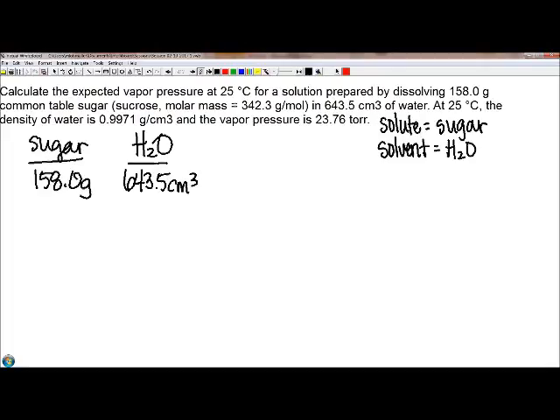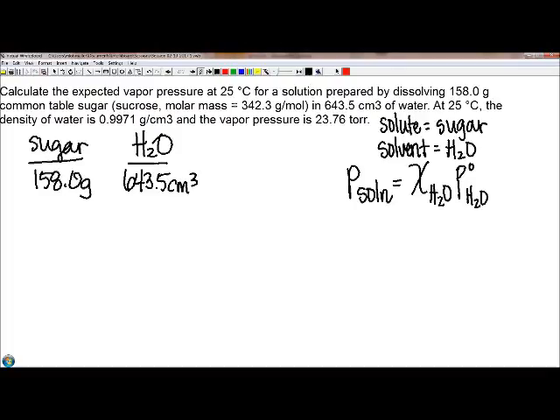Okay? So for our equation, we're going to be solving for the P solution, the pressure of the solution, and so we're going to have to plug in the mole fraction of the water, because that's the solvent, times the pure vapor pressure of the water.